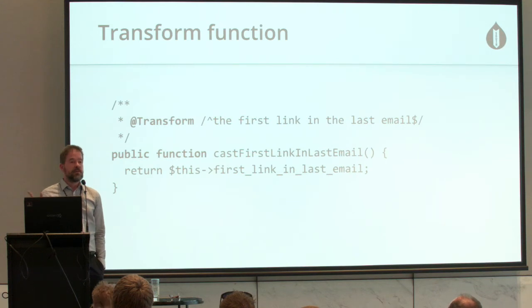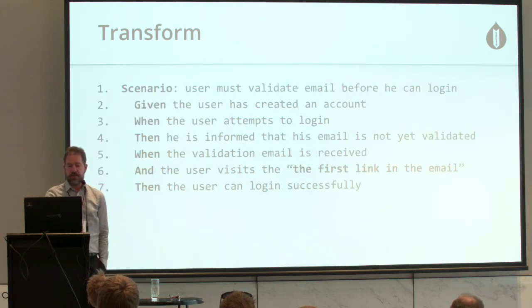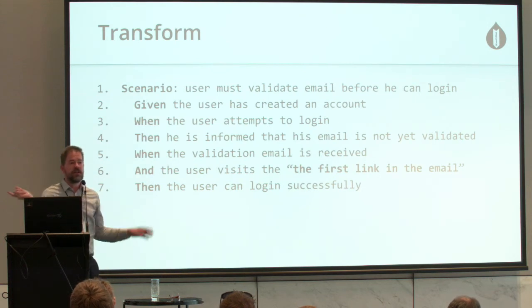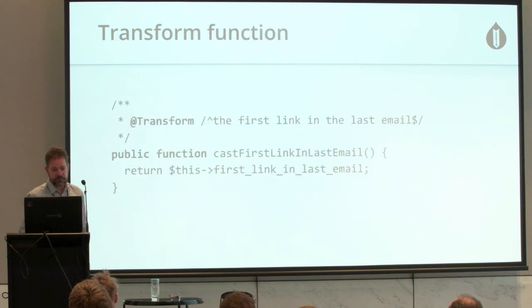So all input that matches gets put through a transform function, which can return the appropriate output, in this case the first link in the last email, which I held on to. Because one of my steps, for example, is step 5, and the validation email is received. That's just a custom step which checks an inbox, plucks out the first link, and makes it available for the next step.